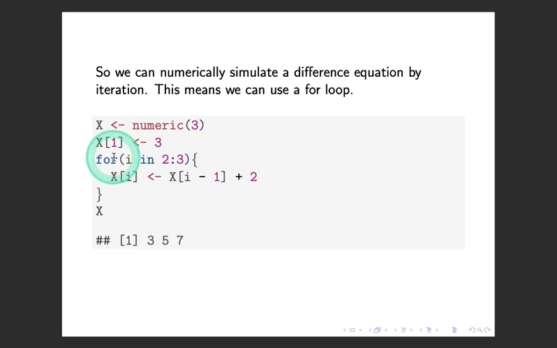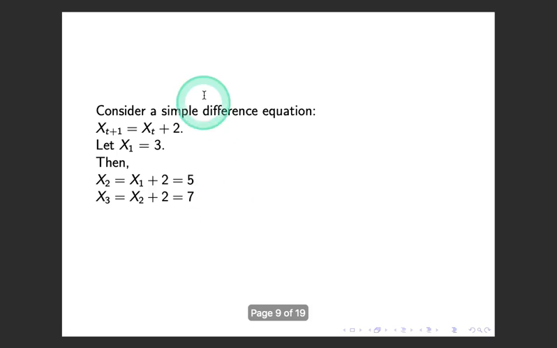So we use a for loop. i goes initially from 2. So here let's say i is 2 initially, so this will be x2 is equal to x[i minus 1], so this is x1 plus 2. Then it goes into i being 3, and so we get 5 and 7. So this is what we had got here.